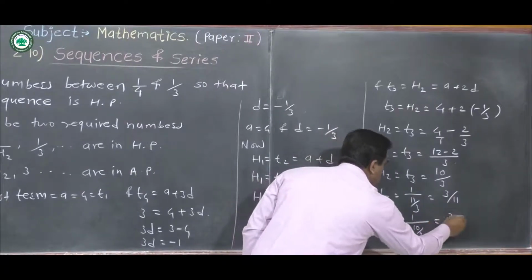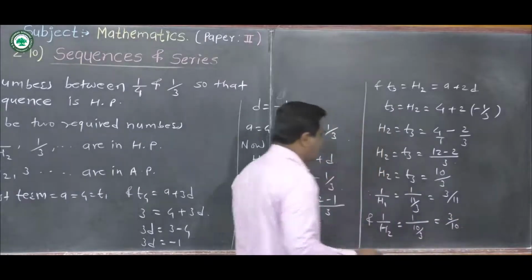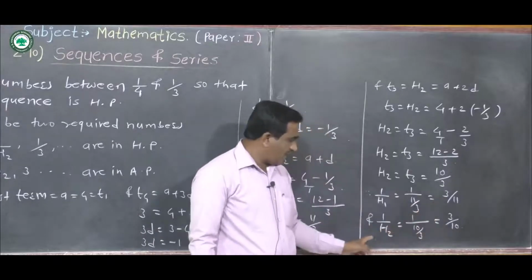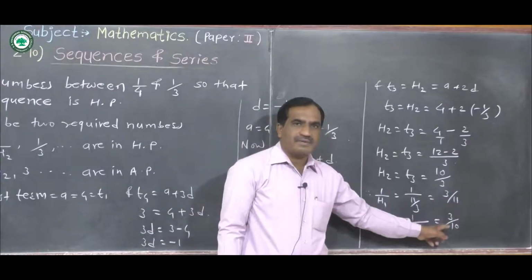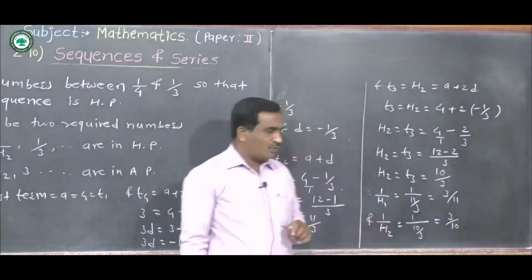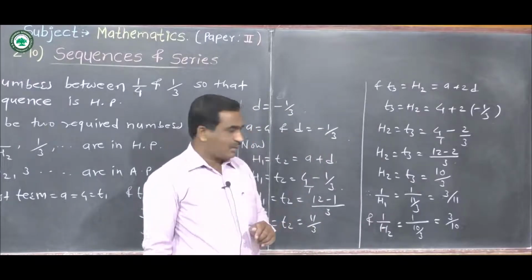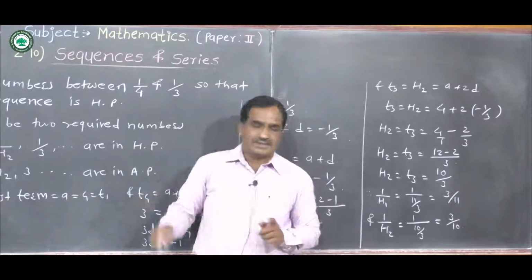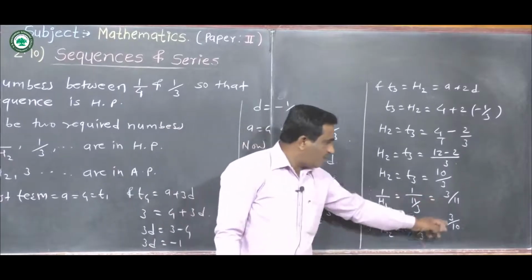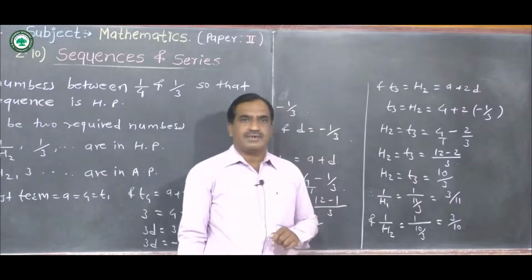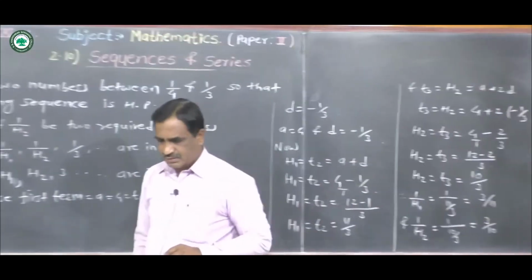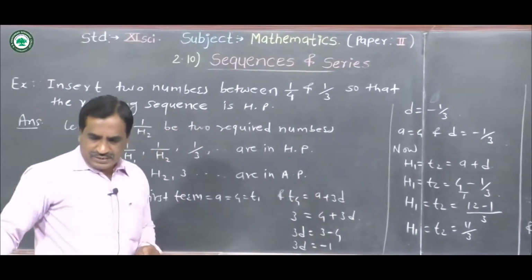Here we get 3 upon 10. That is, values of 1 upon H1 equal to 3 upon 11 and 1 upon H2 equal to 3 by 10. Therefore, the inserted numbers in between 1 by 4 and 1 by 3 are 3 upon 11 and 3 upon 10. Okay, these are the required numbers. Now we see next example here.